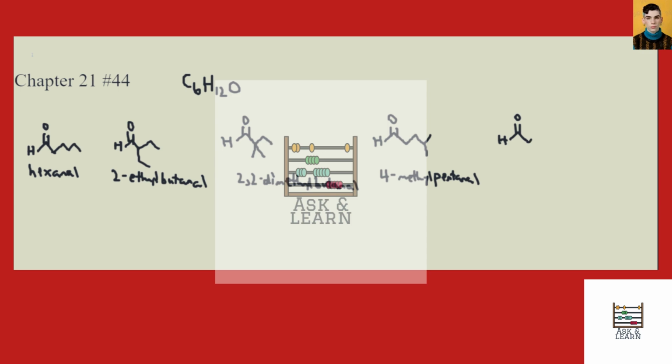So 1, 2, 3, 4. And then our 2 methyl groups on carbon 3 instead, as I said. So this will be 3,3-dimethyl butanal. I apologize, I'm not sure what's going on with my stylus here.